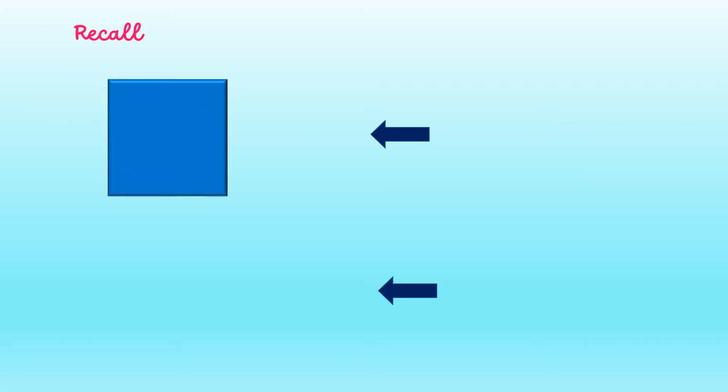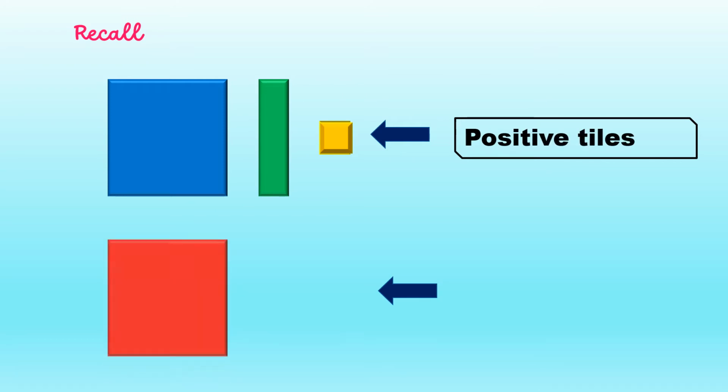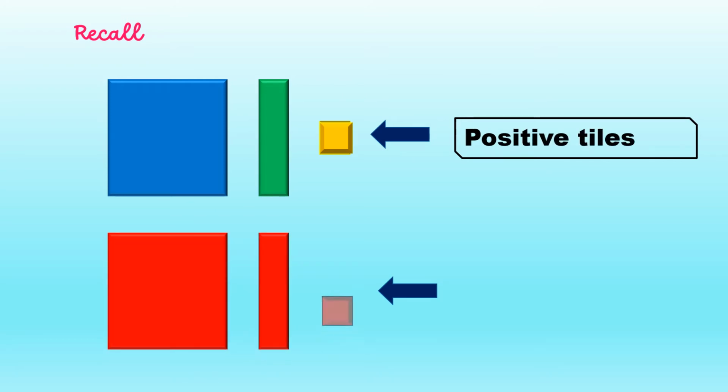Let us recall the algebra tiles. The blue, green, and yellow tiles are positive tiles. The red tiles are the negative tiles.